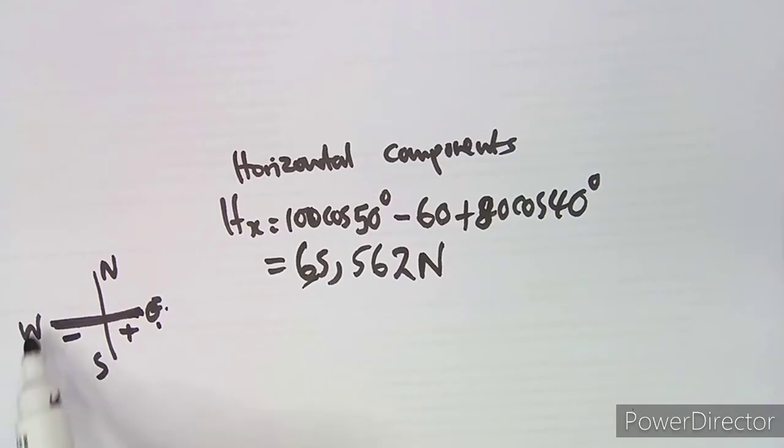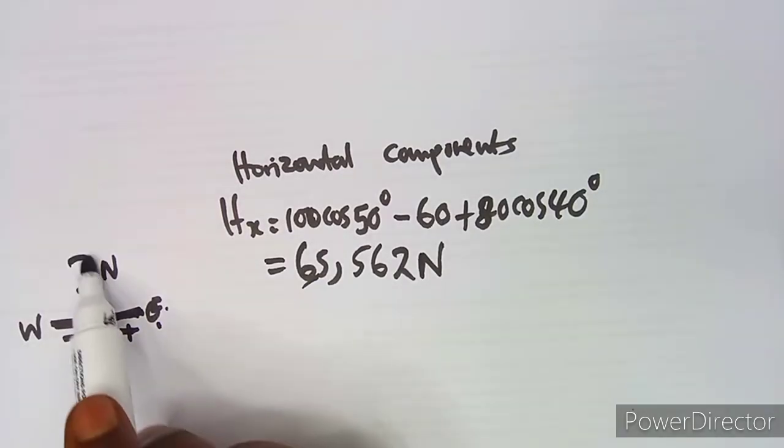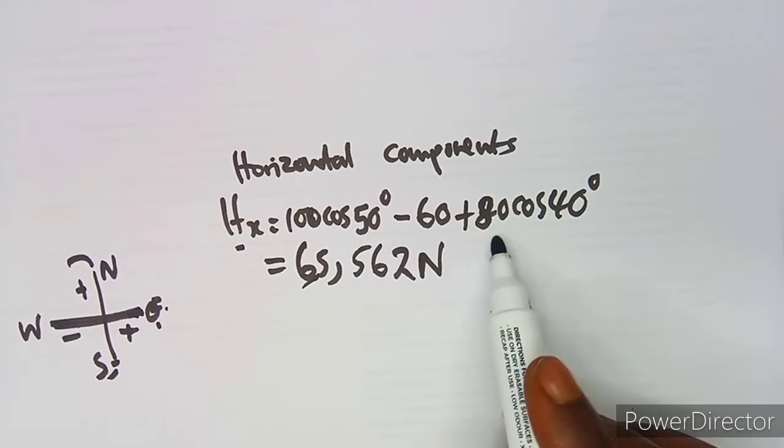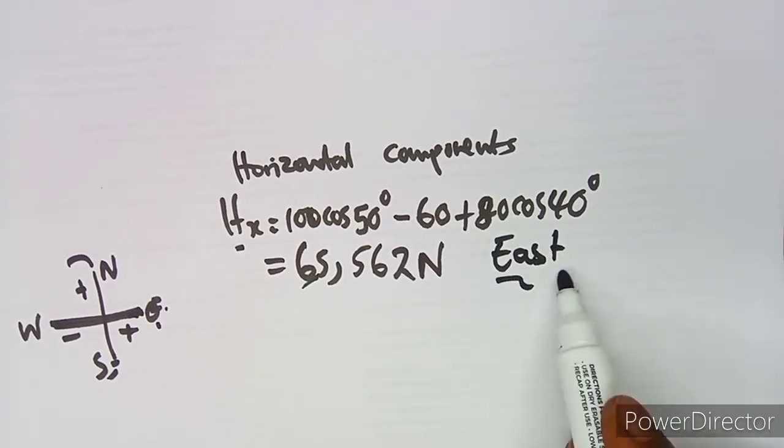When it's negative, it's west. But when the vertical is positive, it's north. When it's negative, it's south. This one is horizontal and it's positive, which means it's on the east. That is how you take the direction. Positive is in the east line, negative is in the west line. That is the direction that they're talking about.